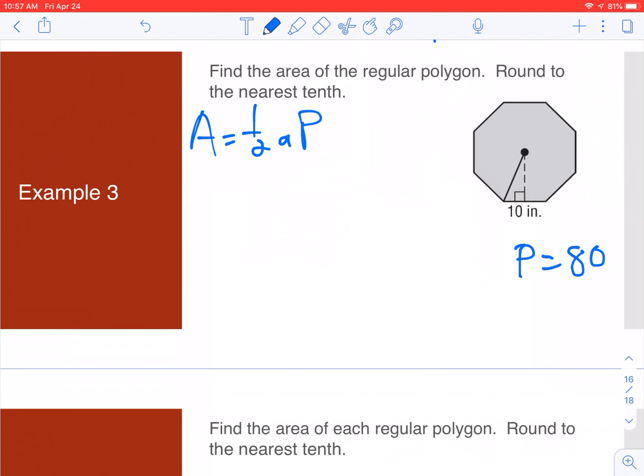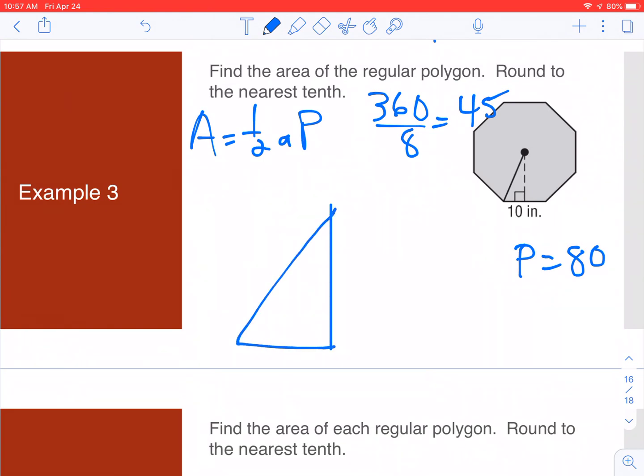Okay, central angle is 360 divided by 8, which is 45. Okay, so now here's my triangle.